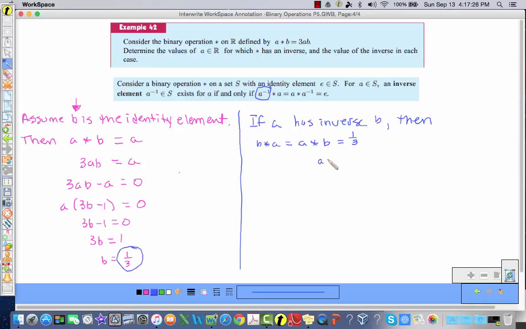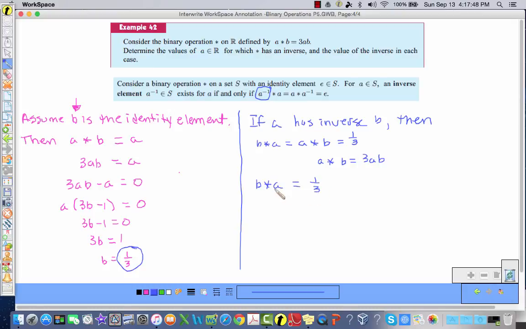Okay, so let's get this party started. I will write again that A star B is equal to 3AB. So we'll start with B star A. B star A has to be equal to 1/3.